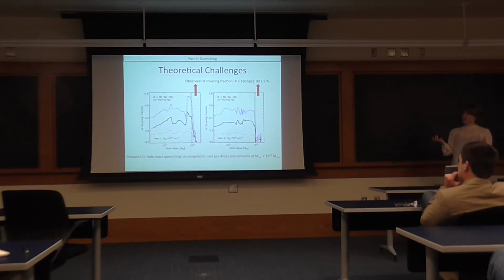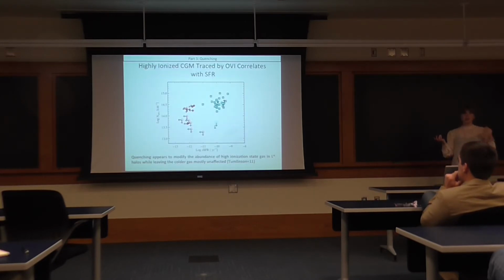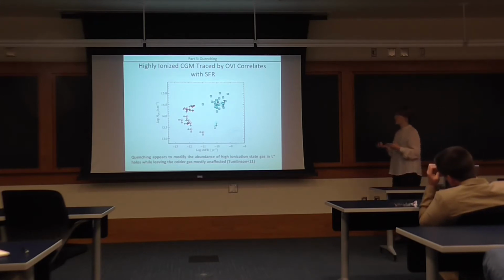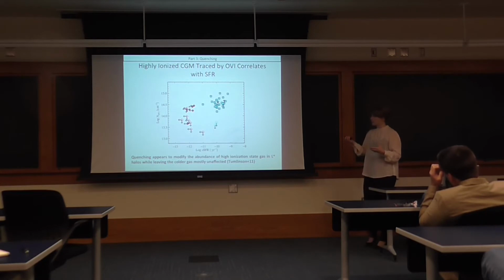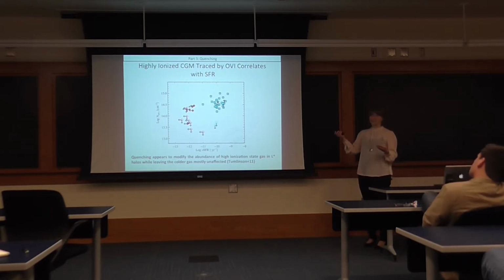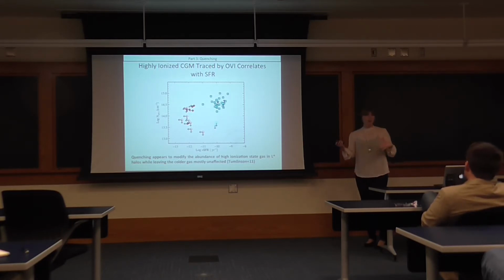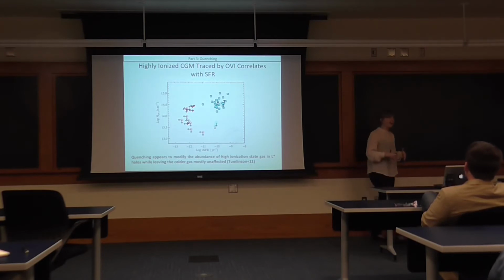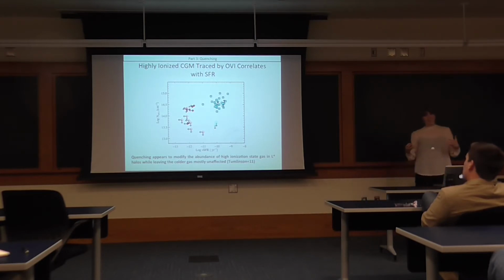So now, I said that H1 doesn't reflect the dichotomy, but the oxygen-6 does. And so around red galaxies, oxygen-6 is mostly missing, and around star-forming galaxies, it's present in great abundance. And in fact, there appears to be a correlation with the current star formation rate of a galaxy and the abundance of oxygen-6 in its halo. You might not necessarily expect that.